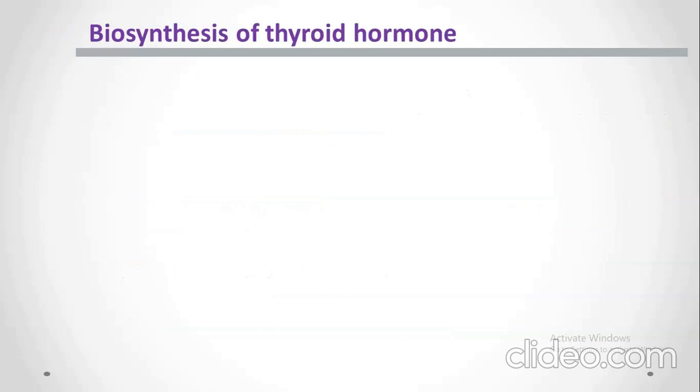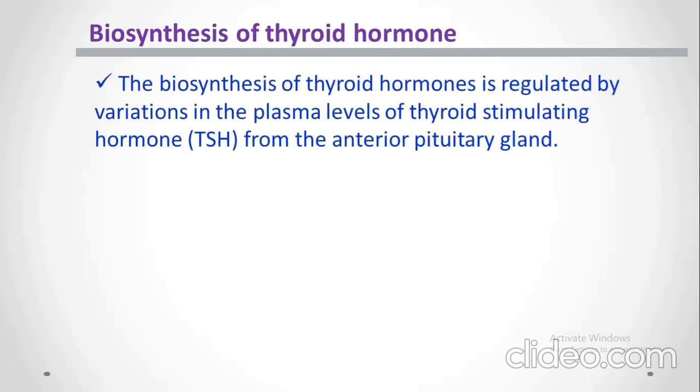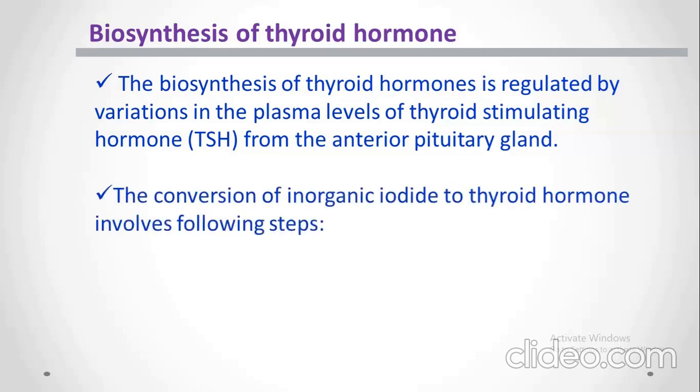So here we discuss biosynthesis of thyroid hormone. The biosynthesis of thyroid hormones is regulated by variations in the plasma level of thyroid stimulating hormone, that is TSH, from the anterior pituitary gland.